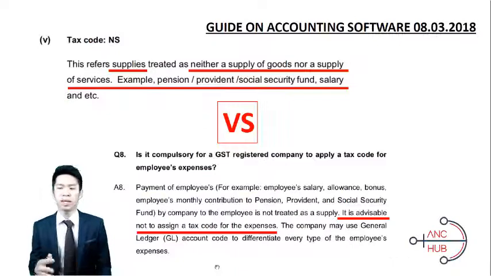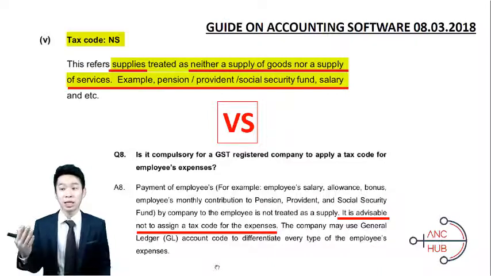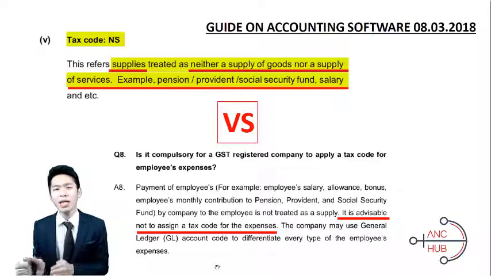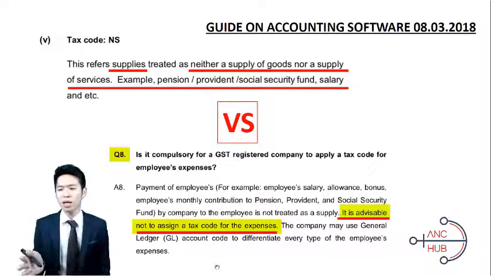Now, apart from that, there's a dilemma, a confusion in the guide, and I have to clarify this. The tax code says it is neither supply of goods nor services, for example salary, staff costs, right? But if you look at FAQ number 8, it's stated otherwise. There's a confusion. FAQ 8 says it is advisable not to assign a tax code for staff costs.